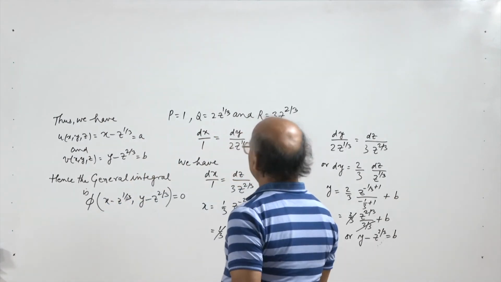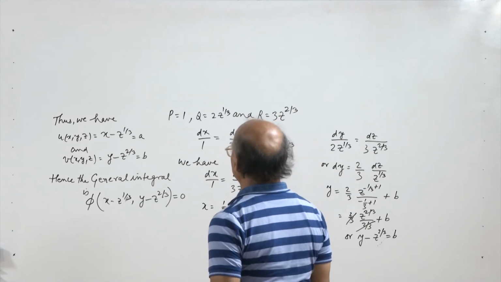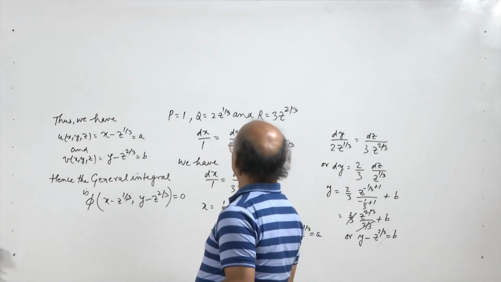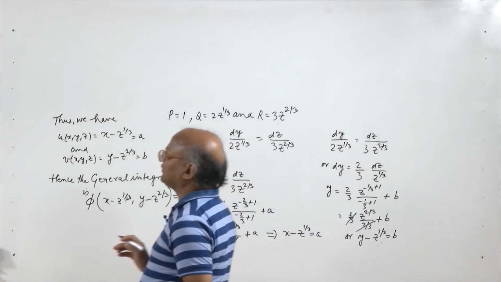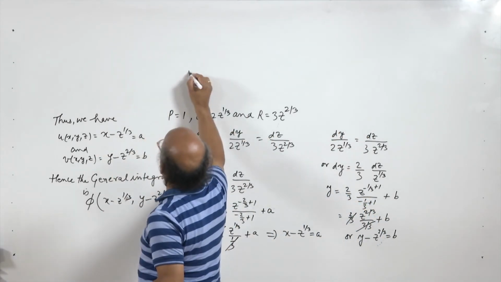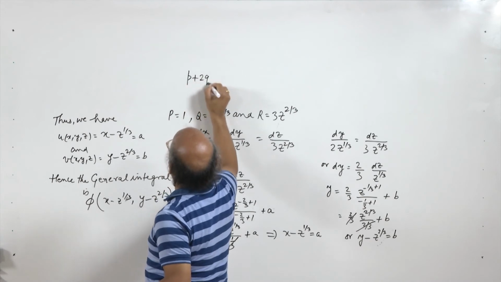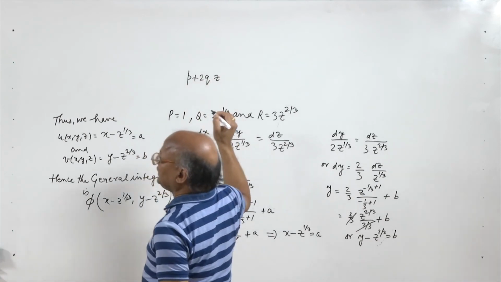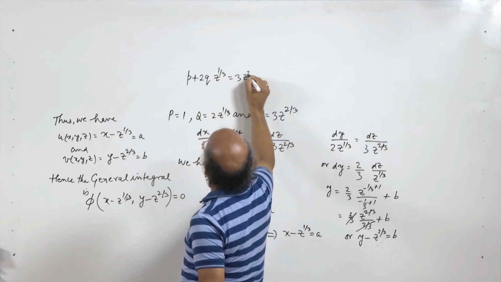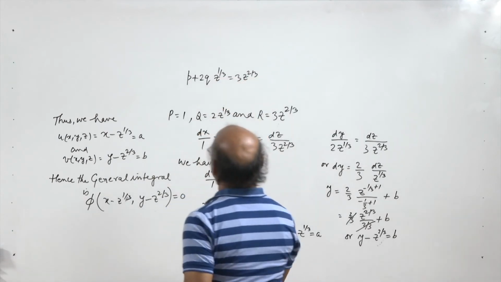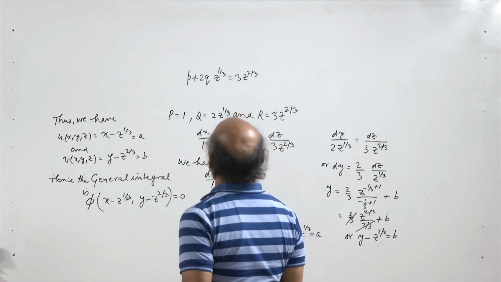Now we note that we have got the general integral by applying the method given by Lagrange. Now let us notice that the differential equation p plus 2q z to the power 1 by 3 equal to 3 times z to the power 2 by 3 is also satisfied when we take z equal to 0.